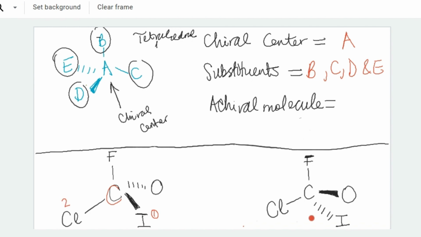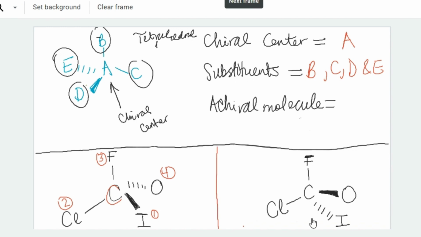And then you have chlorine, second largest, and then you have fluorine that has an atomic number of 9, and then you have oxygen that has the atomic number of 8, so it will have the fourth highest priority. So iodine, chlorine, fluorine, and then oxygen. That is how basically the priority is set, right?